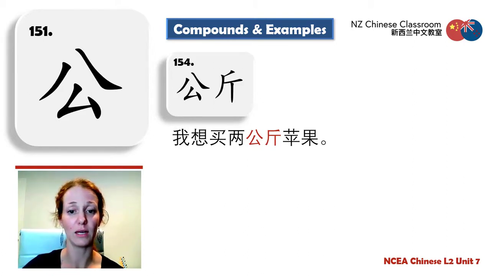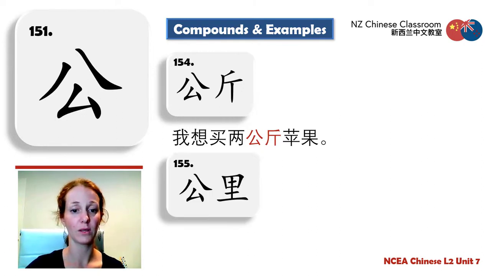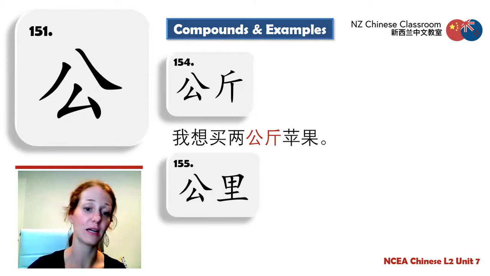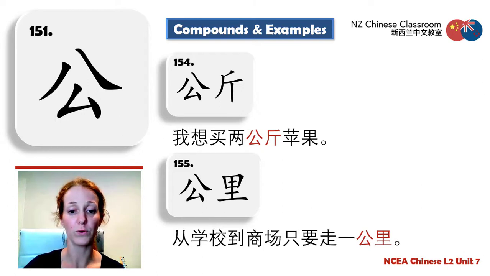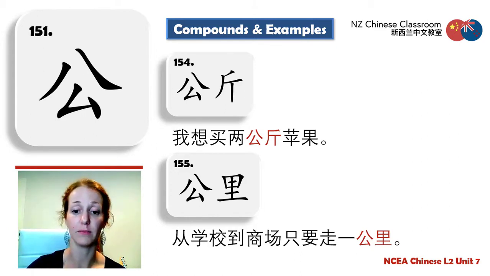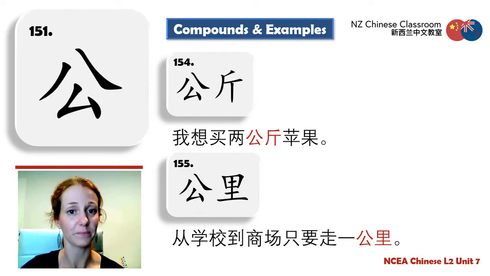I would like to buy 2 kgs of apples. 公里, this is another unit of measurement for distance, is a kilometer. 公里 kilometer. 从学校到商场只要走1公里. From the school to the shopping mall, you need to walk 1 kilometer. You only need to walk 1 kilometer. That 只要 only need to.